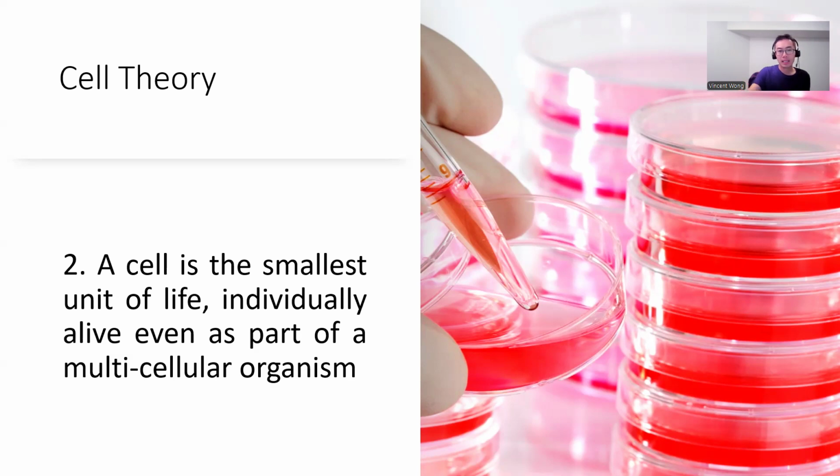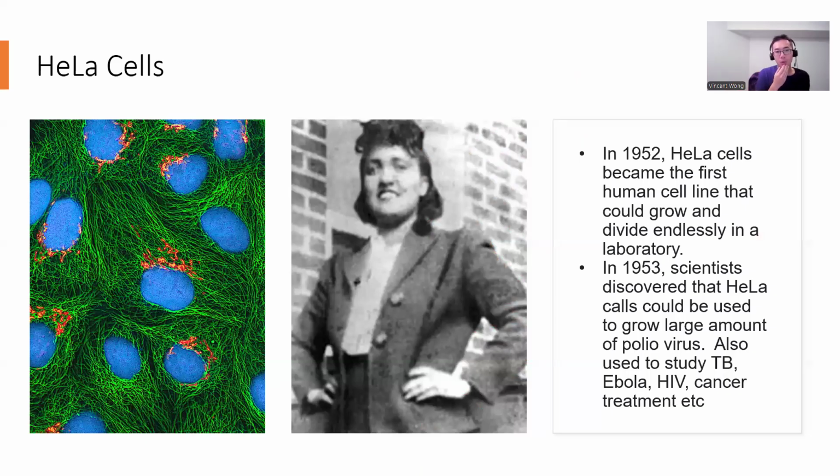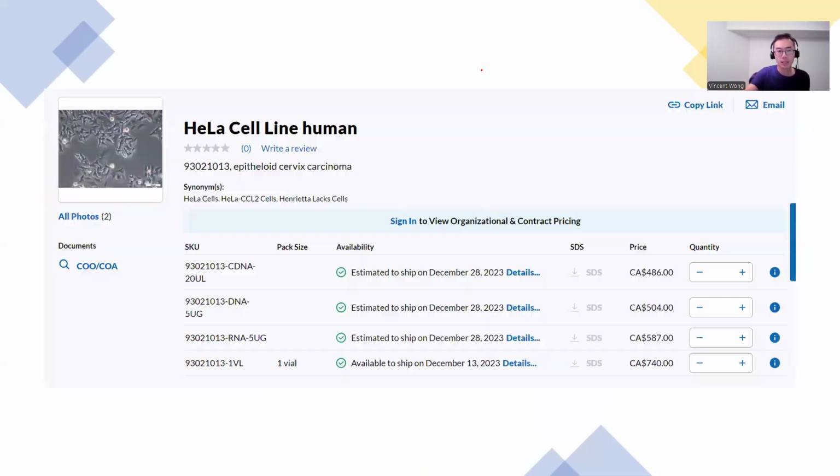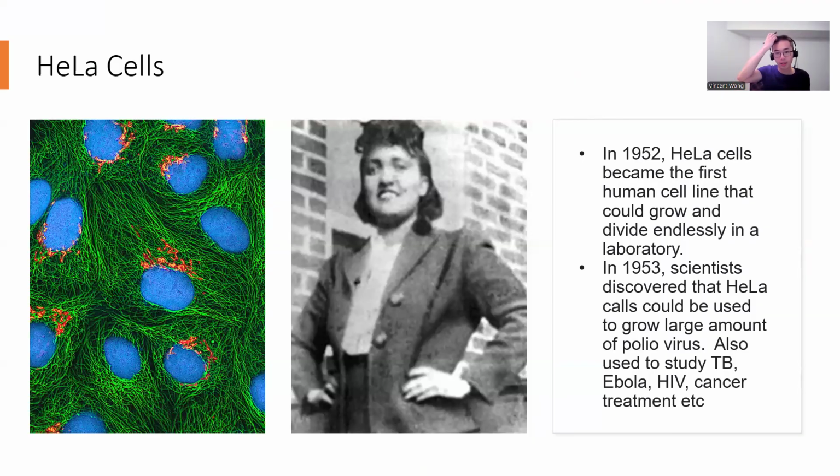Now there was this story about a woman named Henrietta Lacks. Her name is not on the page, but that's her name. She had cervical cancer, and the people who were treating her at the time took a biopsy of her cancer cells and tried to grow them in a dish.